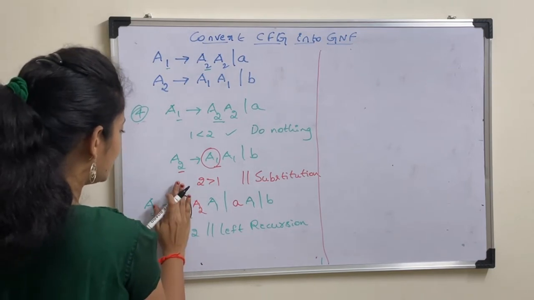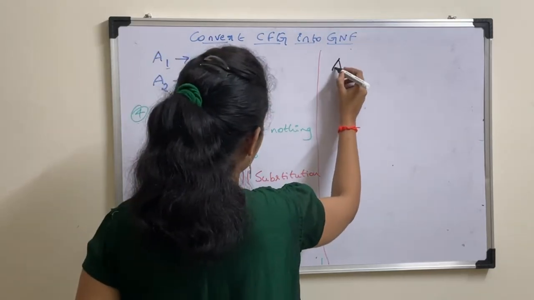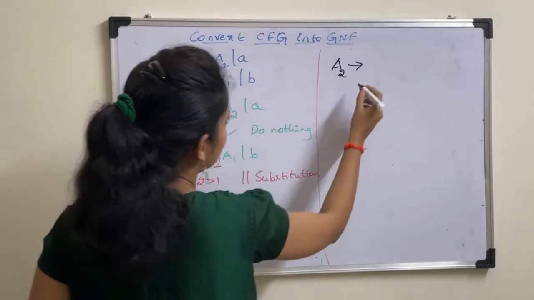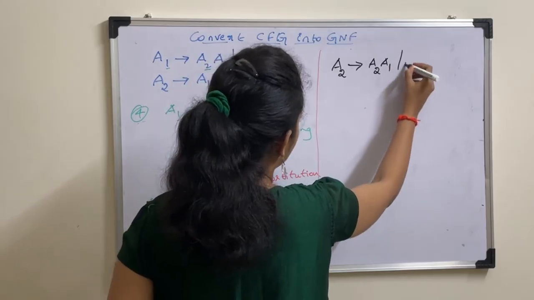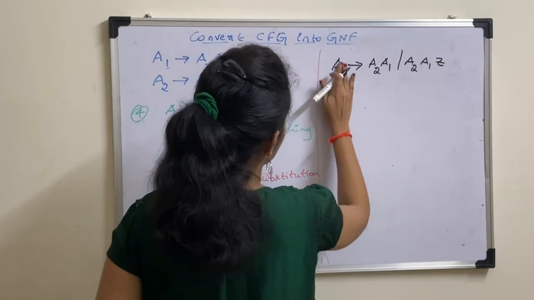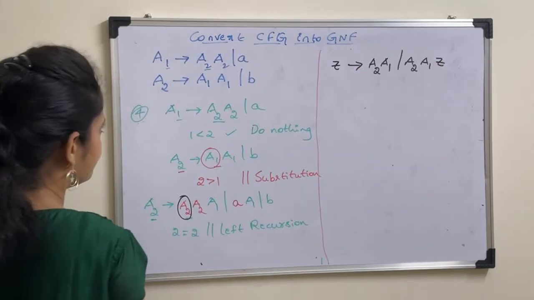So leave that non-terminal and take the rest of the part. Write it as A2 derives A2 A1, without Z and with Z: A2 A1 Z. So this becomes your new production Z.